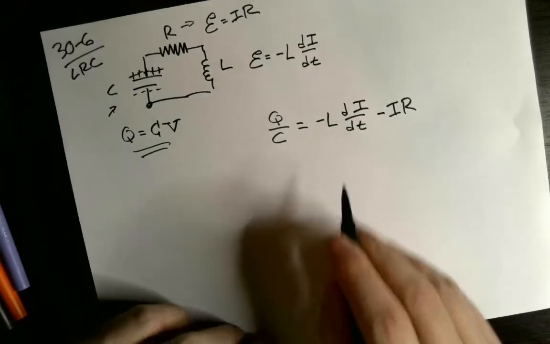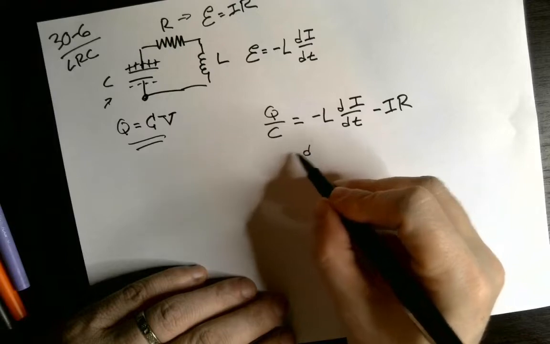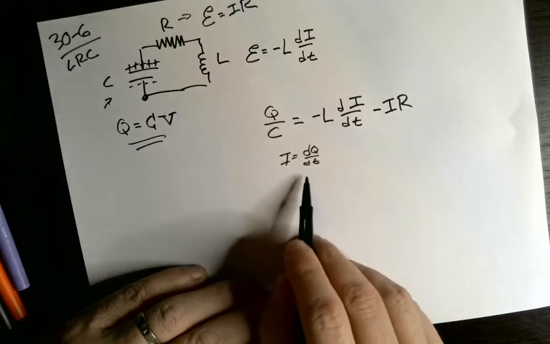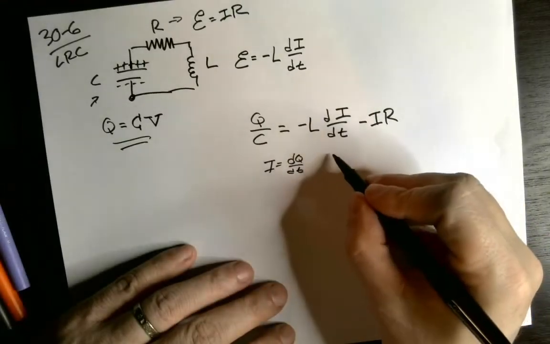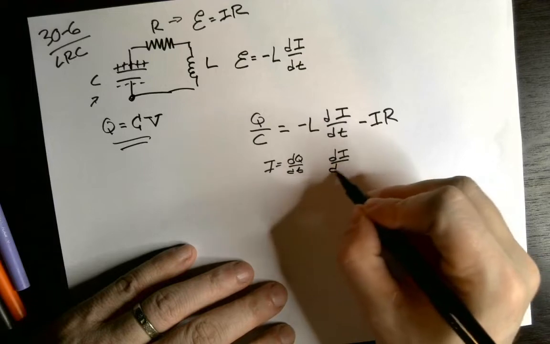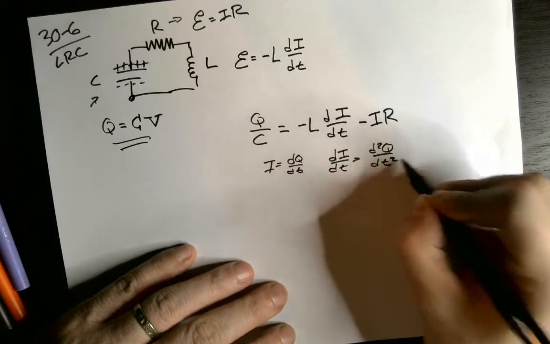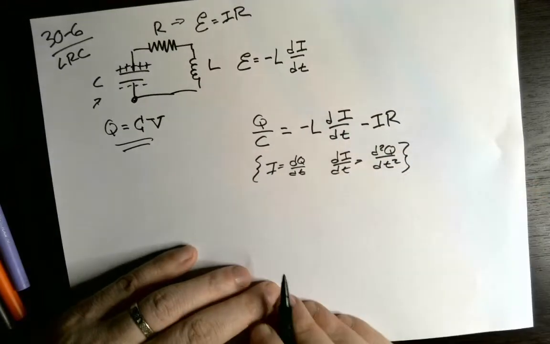So if we put everything on the same side and make these substitutions, I equals dq dt, right? Current is the rate of change of how much charge goes through some point. So di dt equals d squared q dt squared, the rate of change of the rate of change of the charge.